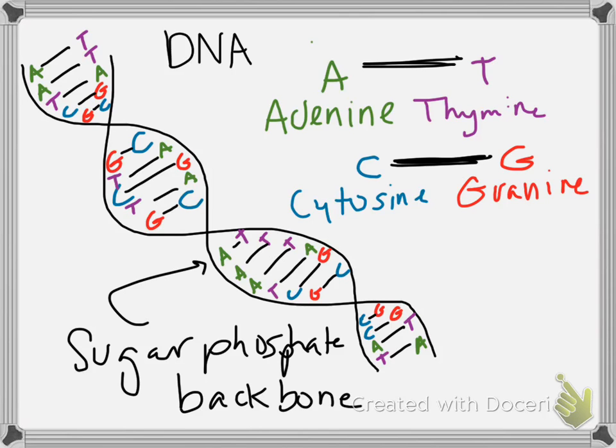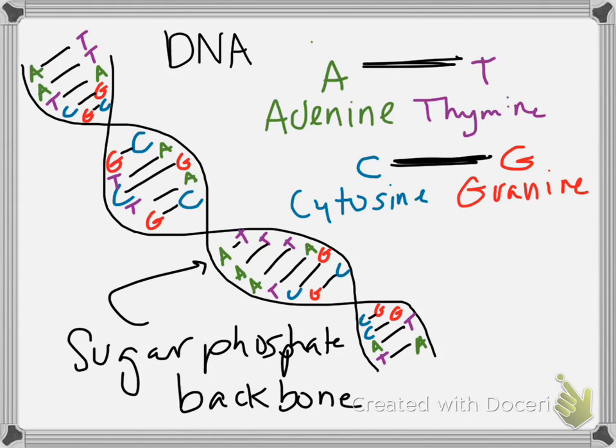So if we were to open one of these up, and we had the sides of our ladder here, and we had, what color? So if we have a cytosine, what's going to pair to that?